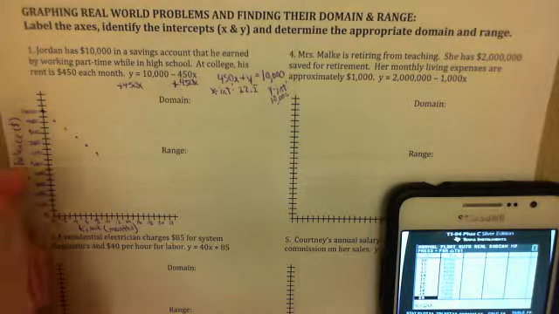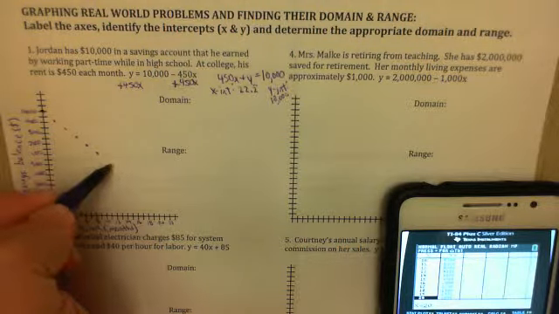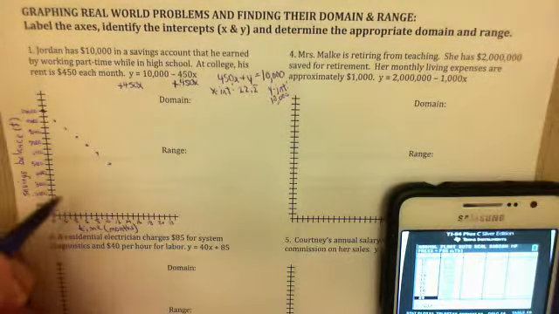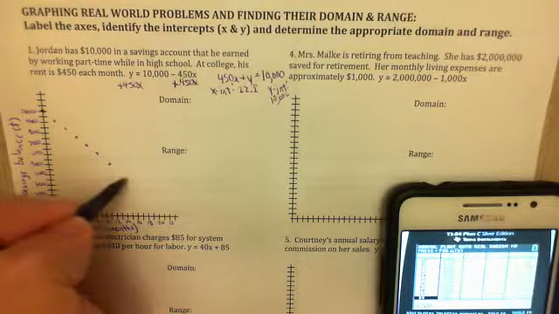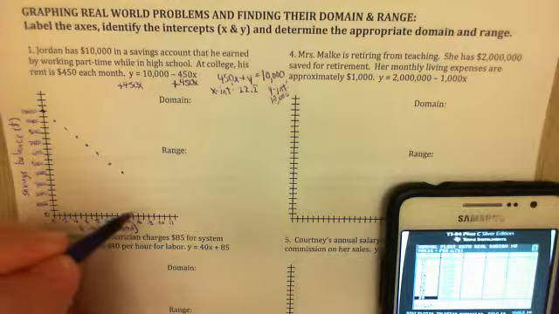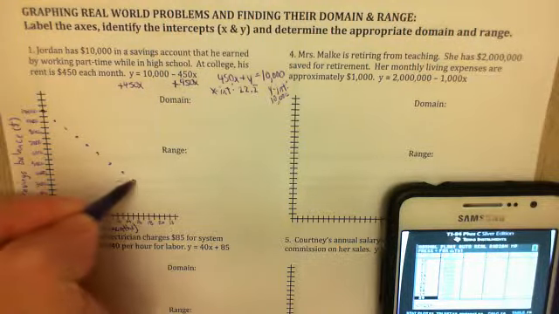So at 12 we got 4,600. 14, 3,700. And 16 is 2,800. Again, these are all just coming straight off the table.